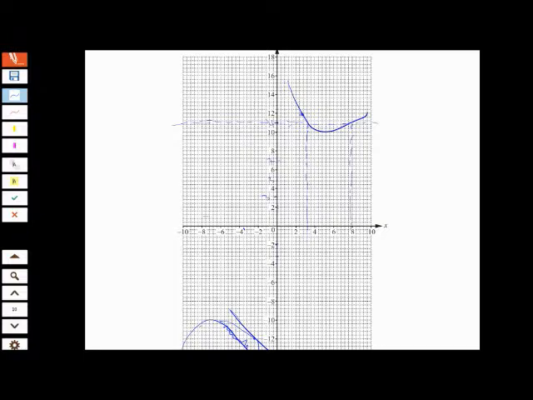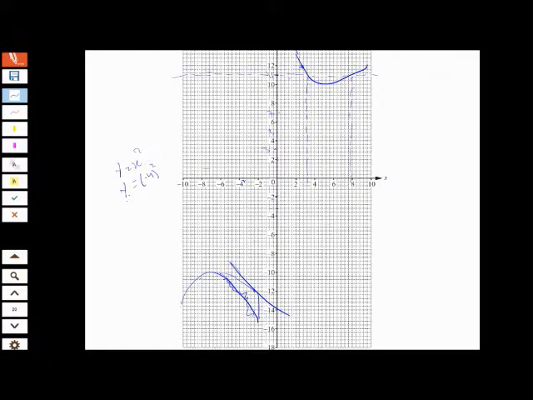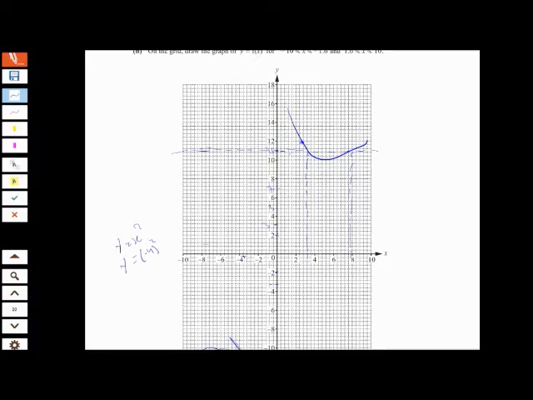So let's start with negative 4. If you substitute negative 4 in the equation y equals x squared, which is y equals negative 4 squared, the y you'll get is 16. So the first point is negative 4, 16, which is somewhere here.